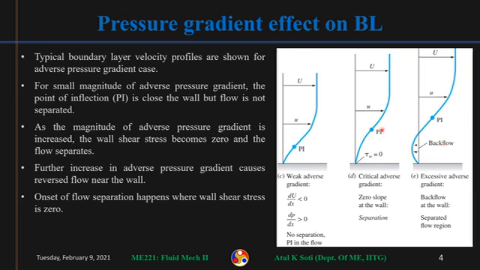You need some high enough value of adverse pressure gradient for flow to separate, and the sufficient condition for boundary layer separation is when tau wall is equal to 0. So you can say that adverse pressure gradient is a necessary condition for flow separation, and sufficient is when tau wall is 0.